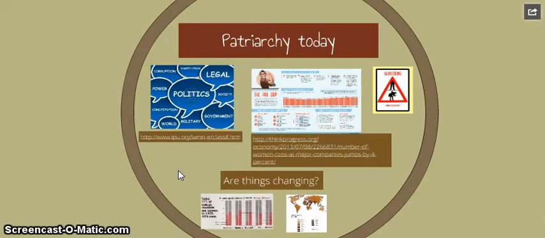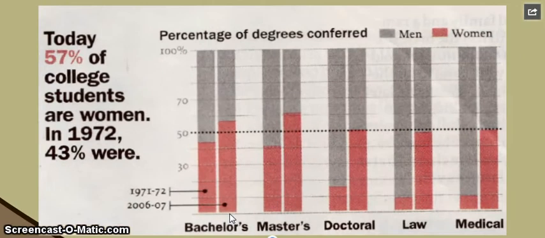One of the areas where we see women doing best, or gaining more power, is in the area of education. In fact, today, there are more women in college than there are men. So that's one of those areas that actually shows some very positive changes as far as women in the long term gaining power in society.